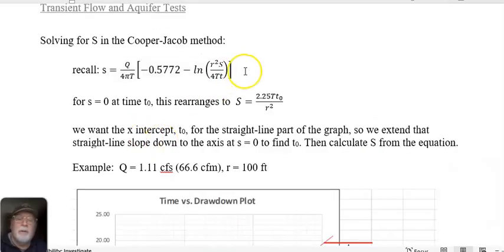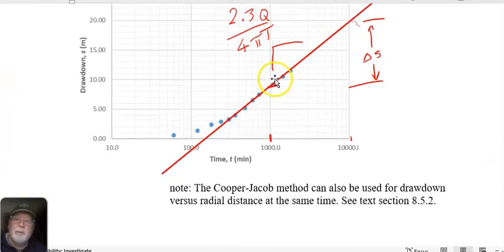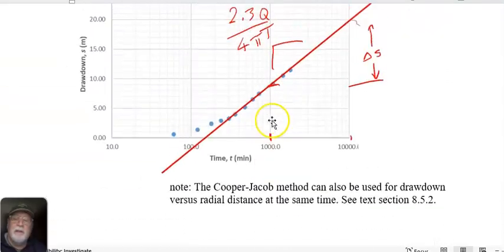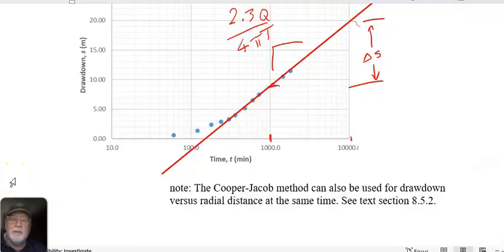Going back to solve for the big S, the storage coefficient. So from the slope, we get the T. Well, then we just extend that line down to where it hits the axis there, and we'll call that point t0.